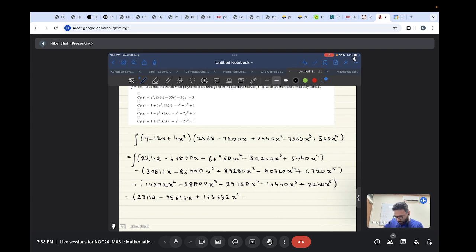We are looking at the x cube terms, plus 89 to 80. Oh sorry, I made a mistake, 30 to 40 plus 89 to 80 plus 28 800. So this is minus 148320 x cube.